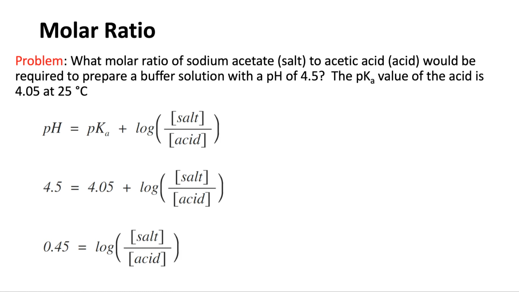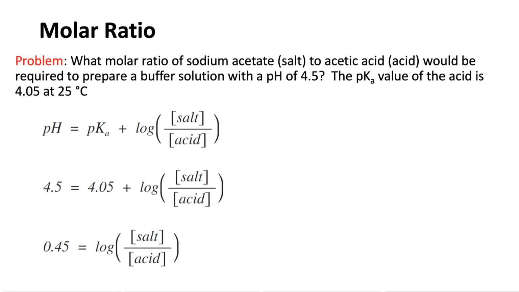That formula says that the pH is equal to the pKa plus the log of the relative concentrations, the molar ratio of salt over acid. In this case, the salt is sodium acetate and the acid is acetic acid, so it would be those concentrations in moles per liter. Well, that's what we're trying to solve for. Remember, the question wants to know what the molar ratio is, so we can fill in every other variable in that formula.